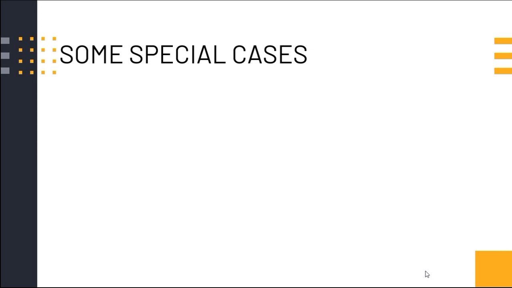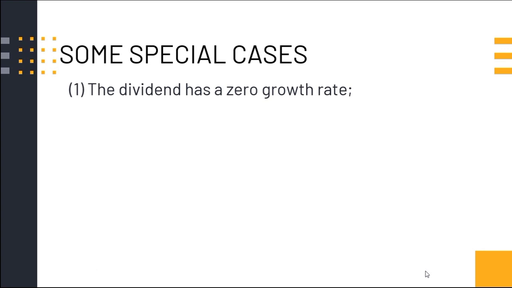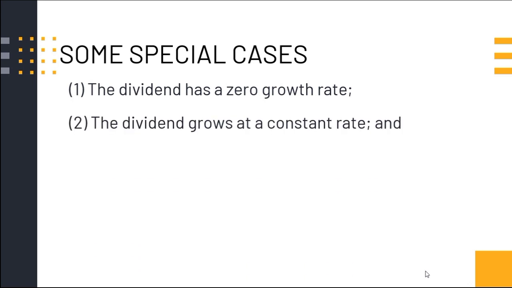The three special cases of dividend patterns are: first, the dividend has a zero growth rate. That's when the firm will pay a constant dividend forever. This is basically like preferred stock, since the share of common stock has a constant dividend. Second, the dividend grows at a constant rate.